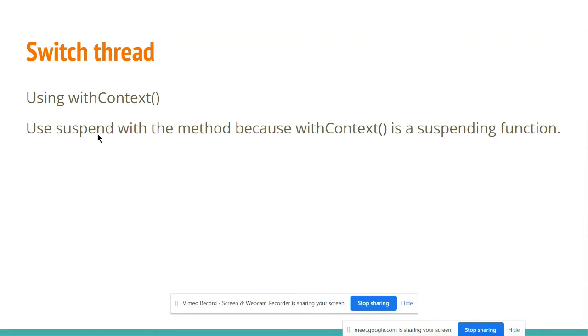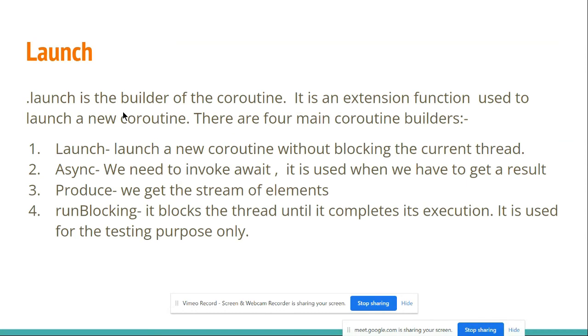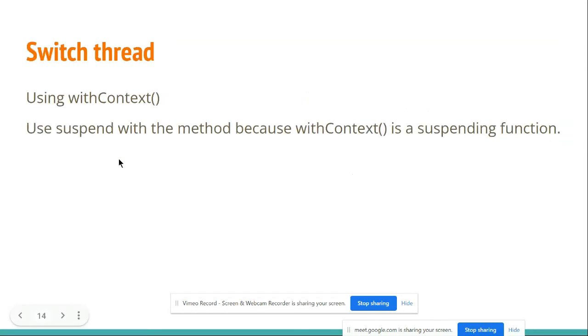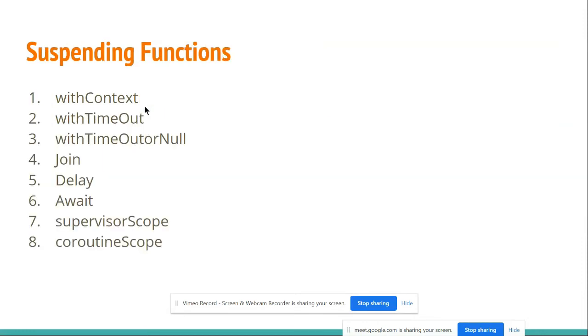Alright, we have different kinds of suspending functions. Async is also a suspending function, and we will learn about suspending functions further. So withContext is a suspending function. If we are using any coroutine suspend function, then we have to add the modifier suspend with our function name.